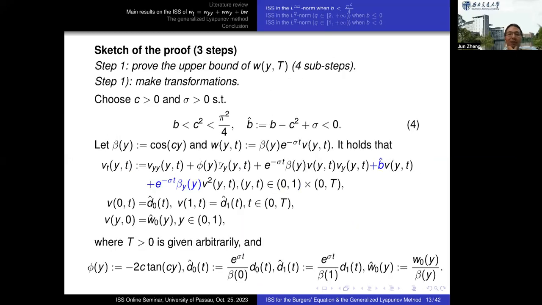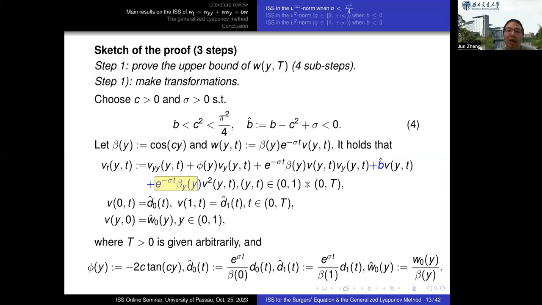In fact, this can be done easily because B is strictly less than pi squared over 4. Then we can find constants C and sigma such that this inequality holds true. In particular, this quantity B hat is strictly negative. Then we can define the function beta by using the cosine function and define the transformation by this. Then we can obtain this system. Here B hat is strictly negative, and the coefficient of V squared is also strictly negative.